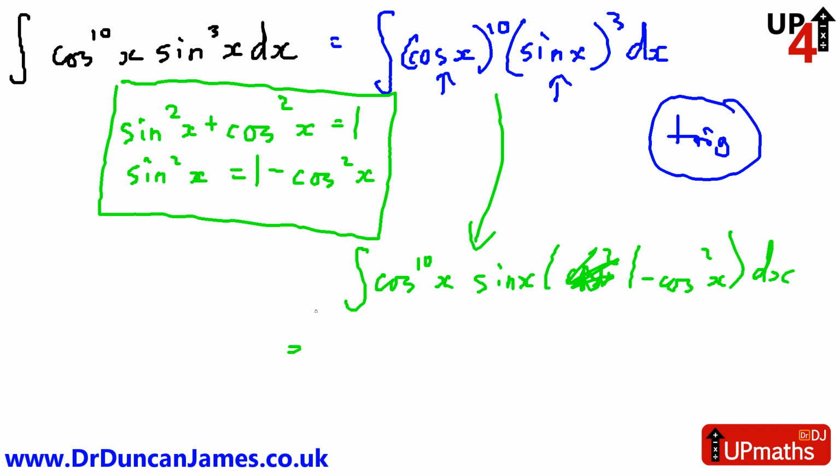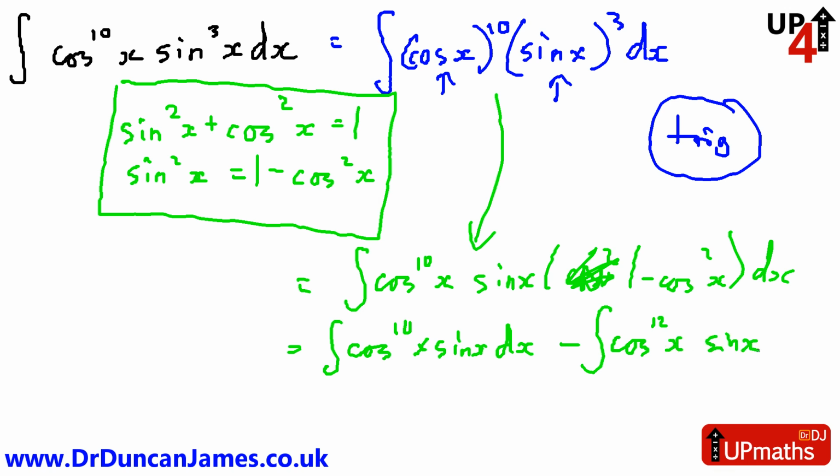So then that is the integral of cos to the 10x sine x dx, then minus the integral of cos to the 12x sine x dx. I'm going to have to go on to a second sheet of paper here. Before I do so, let's have a look at this.